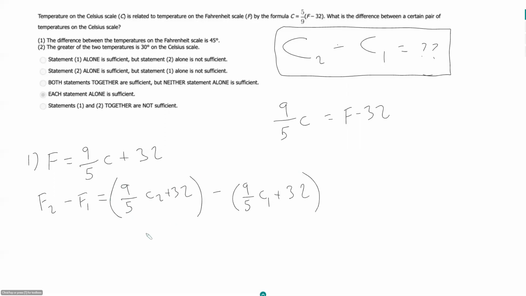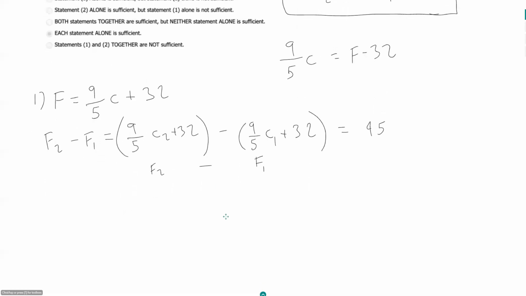And we know this difference here, F2 minus F1, is equal to 45. So what happens when we start simplifying this?